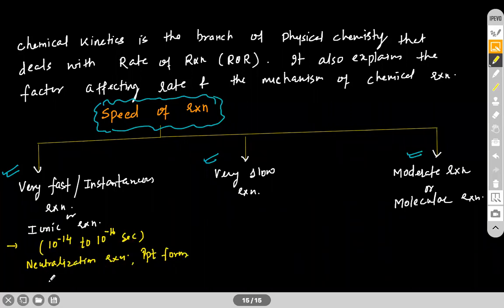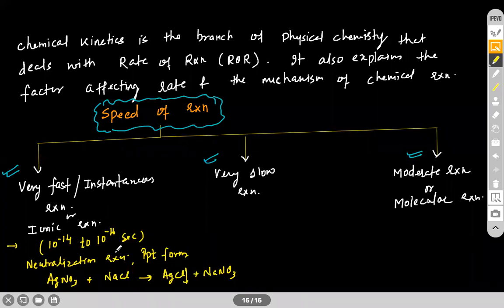For example, AgNO3 combines with NaCl and forms the precipitate of AgCl and NaNO3. Is it visible here? Yes, sir. Okay.